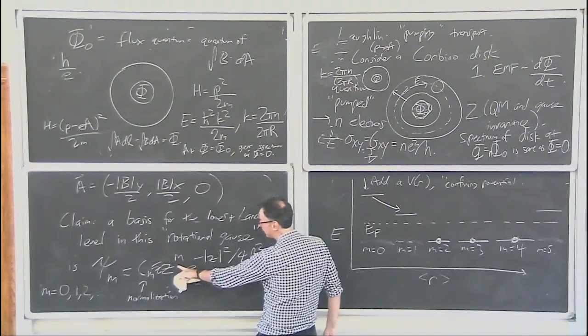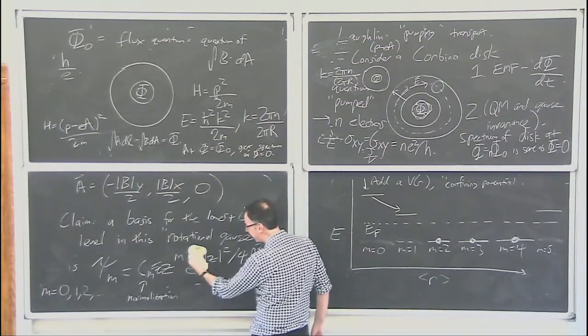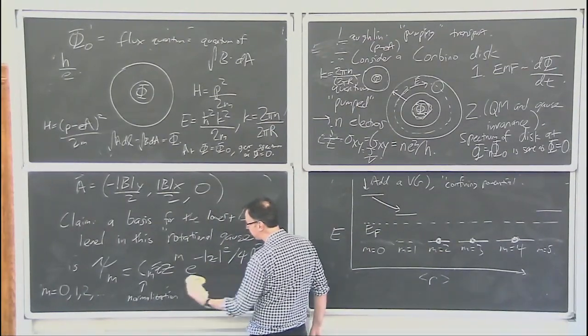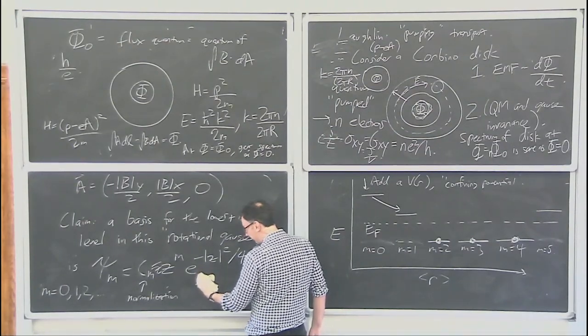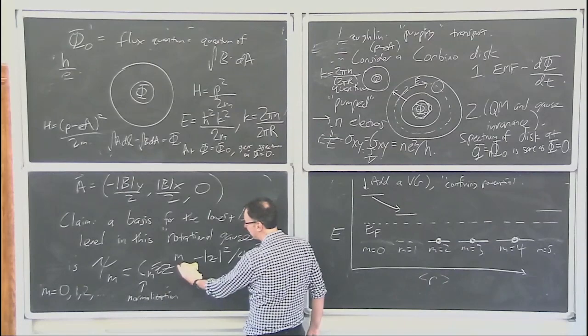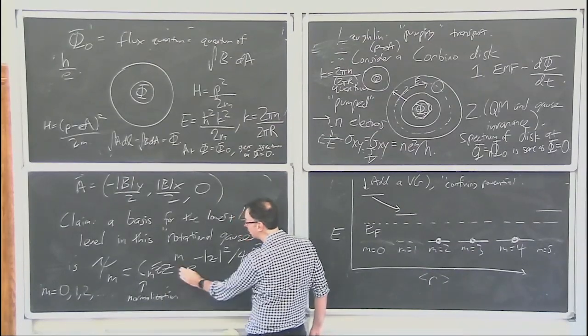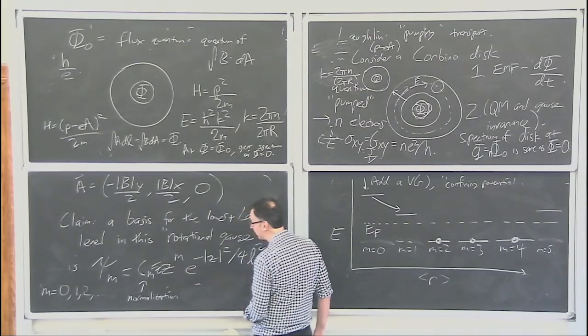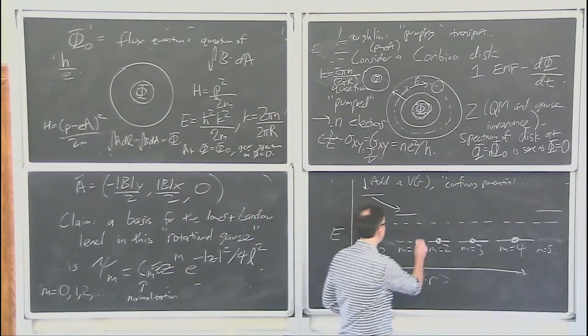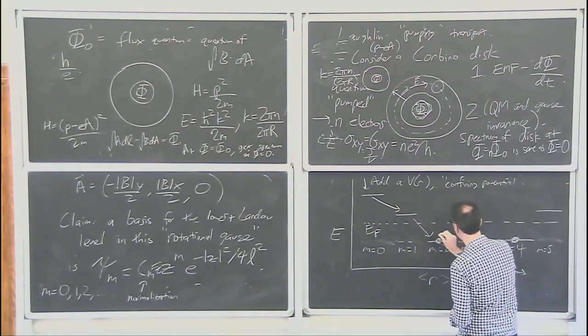My wave functions were like z to the power m, so they had some rotational character around the origin given by m. When I change the flux, I'm basically changing the boundary condition on that, so these are no longer good wave functions for other fluxes until I get back to an integer number of flux quanta. But what happens is that these states just move over.